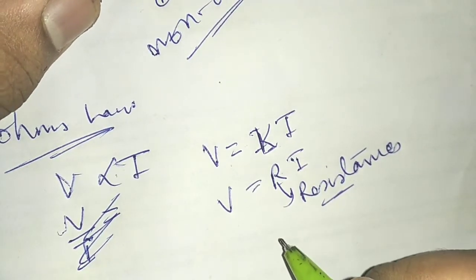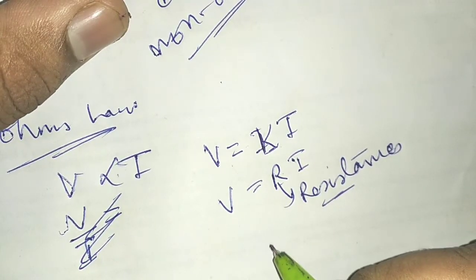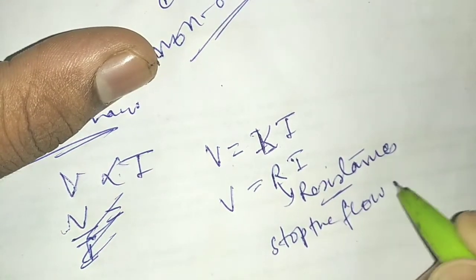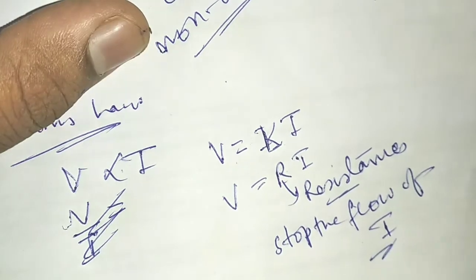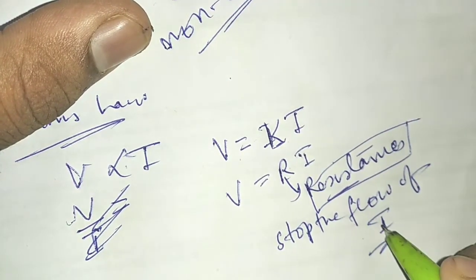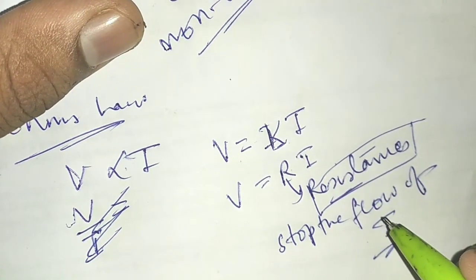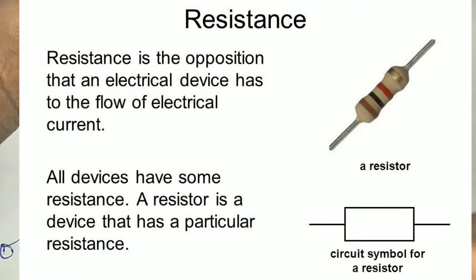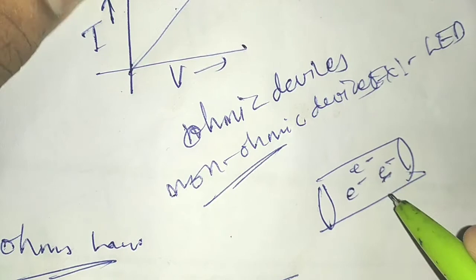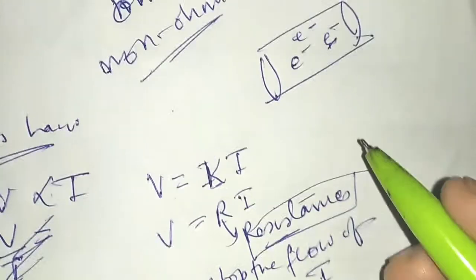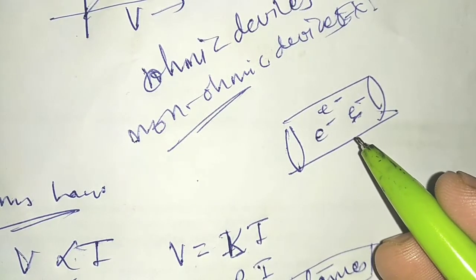Resistance does the work of stopping the flow of current. Again there is a confusion here: why did this new term come and why is it stopping the flow of current, students? Every conductor will have a kind of resistance which will always make the electrons stop flowing, or oppose the flow of current.